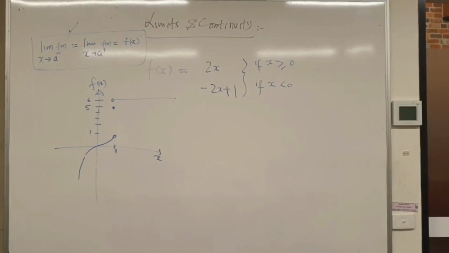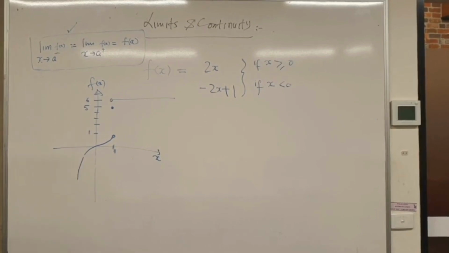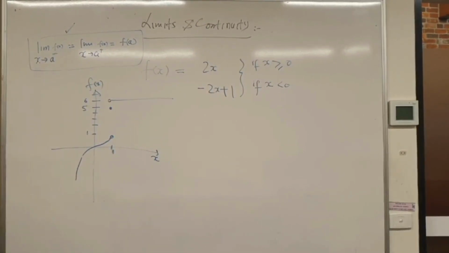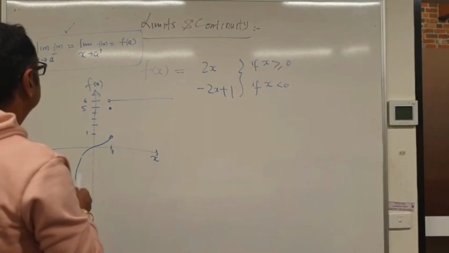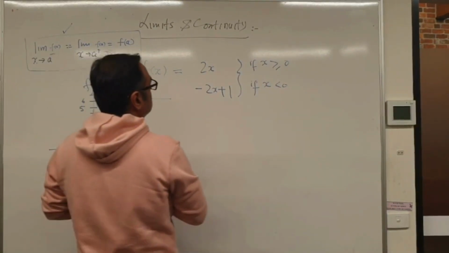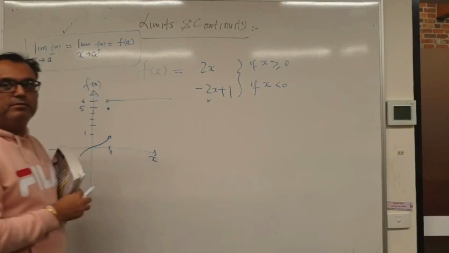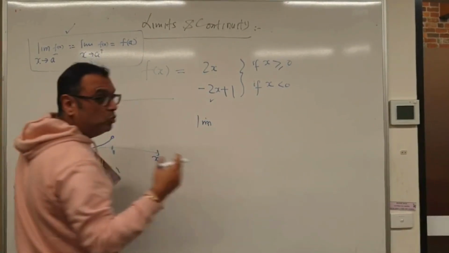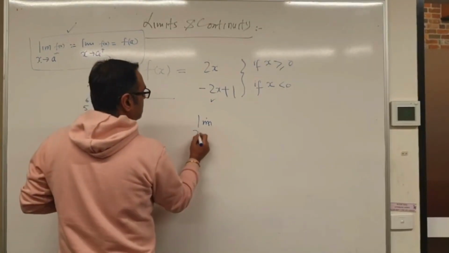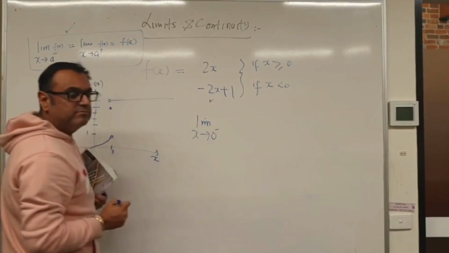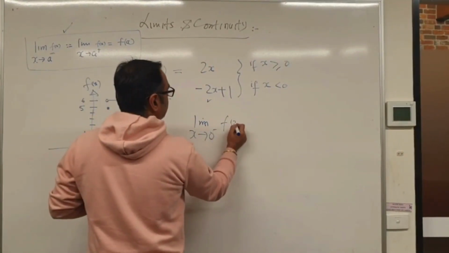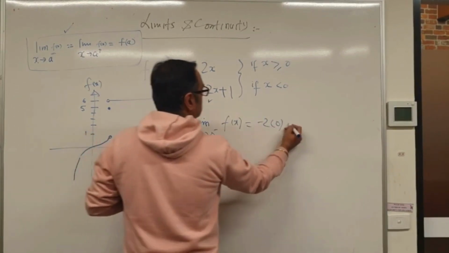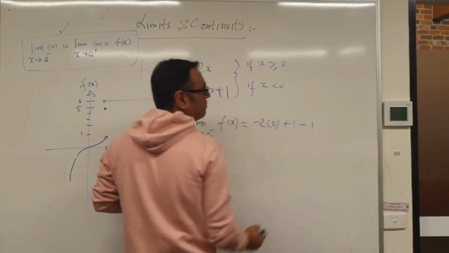Let's check the answers. I need to validate the left limit. If it's a 2-mark question, I will say the limit as x tends to 0 negative of f of x is negative 2 times 0 plus 1, which is 1.